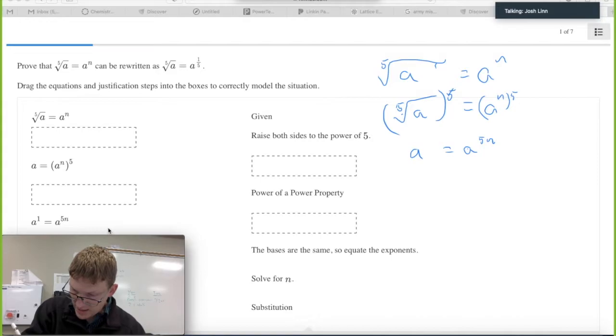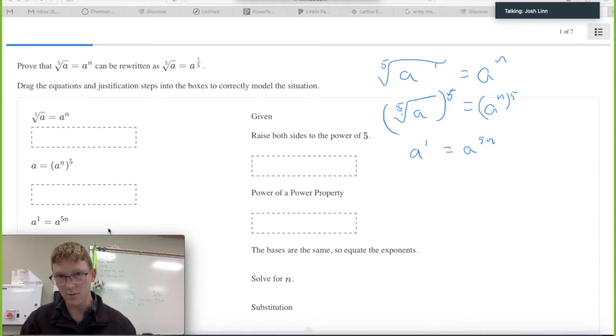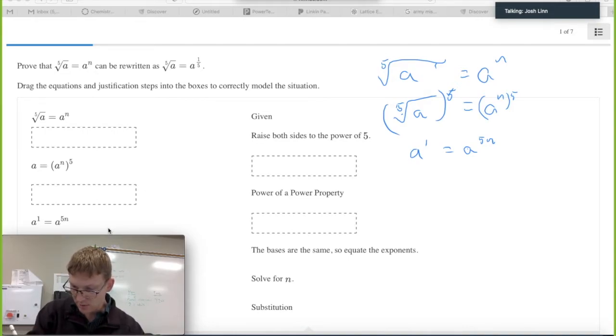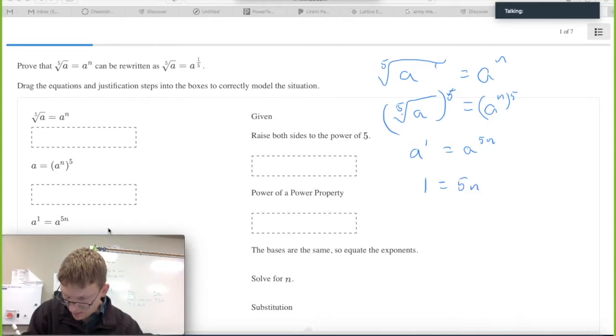And a with no power is assumed to have a 1 there, not 0. Anything raised to the 0th power is 1. So a to the first power is a. So we've got a to the first power is equal to a to the 5nth power. So we can just set those exponents equal to each other, and then we do some algebra.